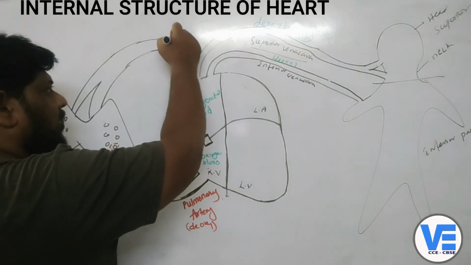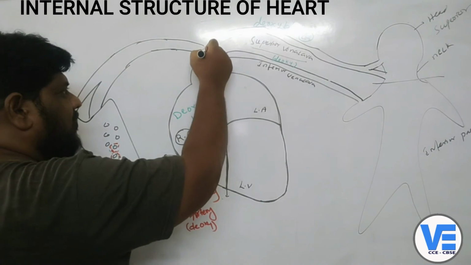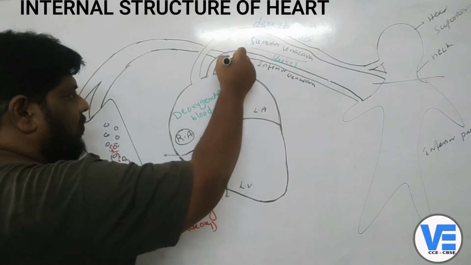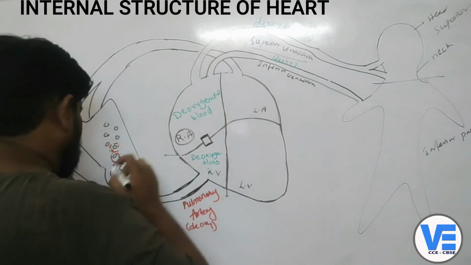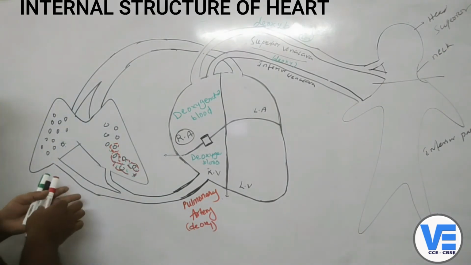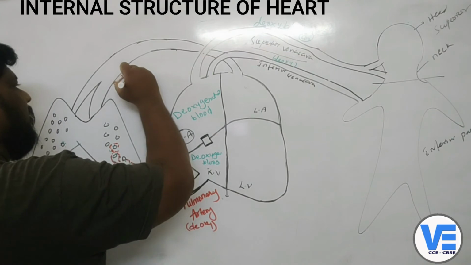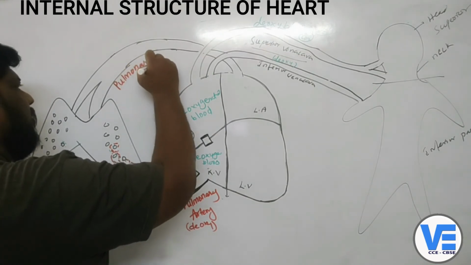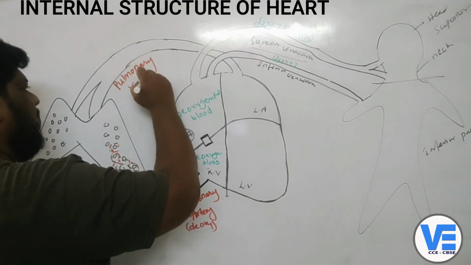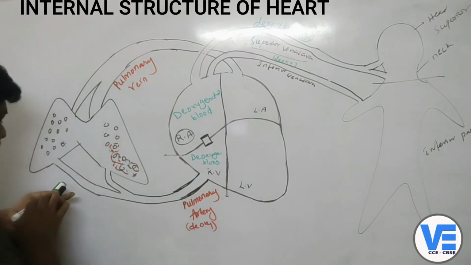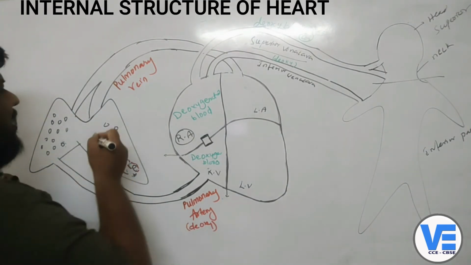So I'm drawing here now. This is the blood vessel which is taking the blood from lungs to the heart. This is called the pulmonary vein. So what is this pulmonary vein carrying?